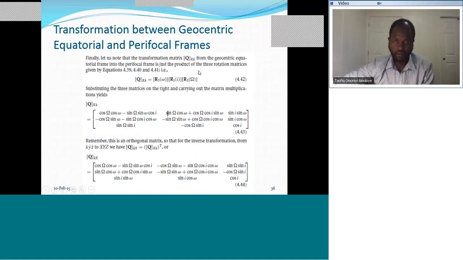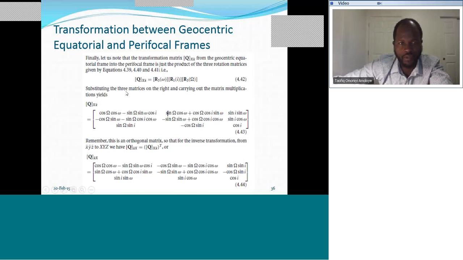That is, we are just combining the aggregate result of rotations about the z-axis of the equatorial plane, the node line of the orbit, and then the angular momentum vector direction of the orbit.